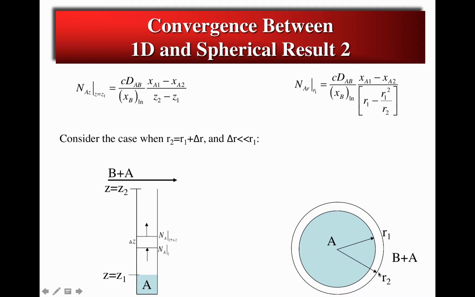Remember, the assumption we made was that out beyond R2, the concentration of A no longer changes, and typically that would be brought about by stirring the gas phase around the particle. This layer thickness would be called a boundary layer. We'll analyze that in more detail in Chapter 20. But we want to consider a case where this layer thickness, delta R, is less than R1, and in some cases maybe much less than R1.